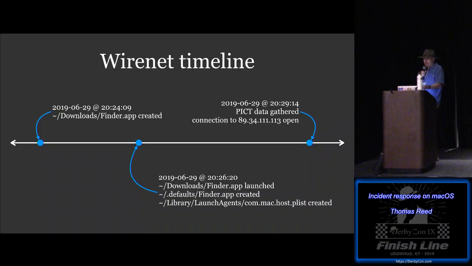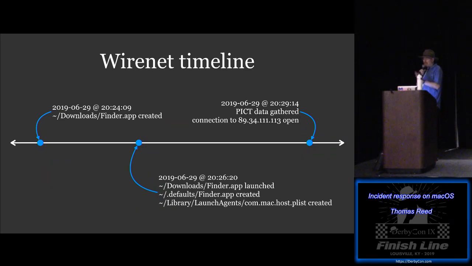You know that the file was created at 8:24 p.m., that a couple minutes later it was launched, and then this finder.app in the user folder was created. In reality, what this malware was doing was just copying or moving that finder.app into that folder, and the launch agent was created. So that's when everything happened.